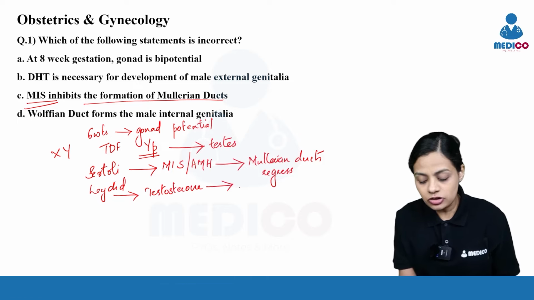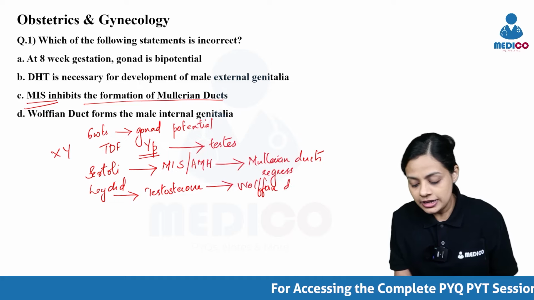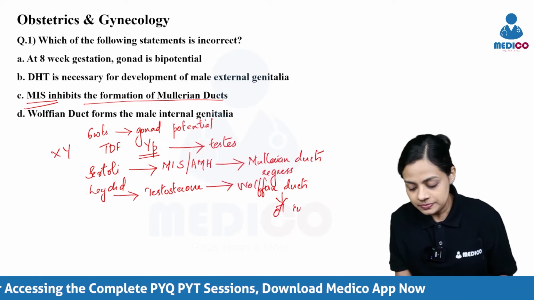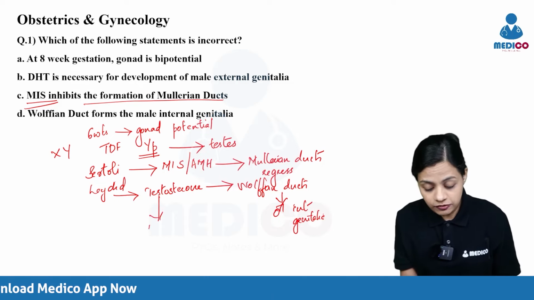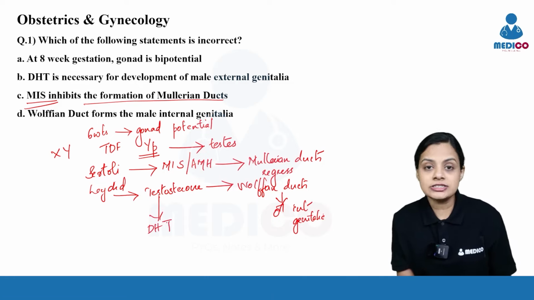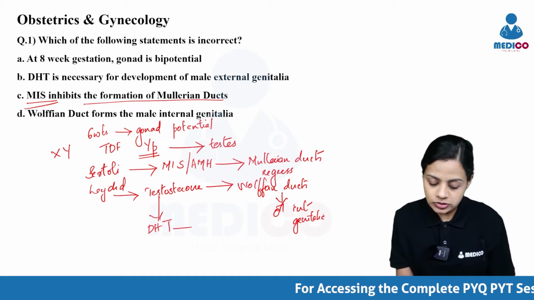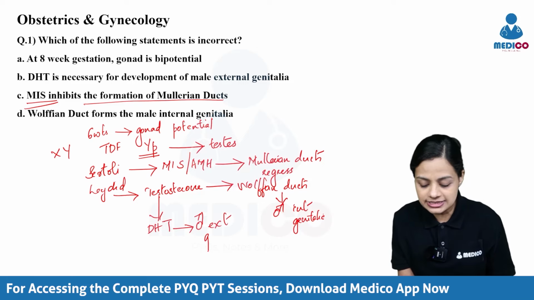The testosterone acts upon the Wolffian ducts, leading to the production of the male internal genitalia. The testosterone is converted into dihydrotestosterone, which is a more potent form of testosterone. The dihydrotestosterone is responsible for the formation of male external genitalia.